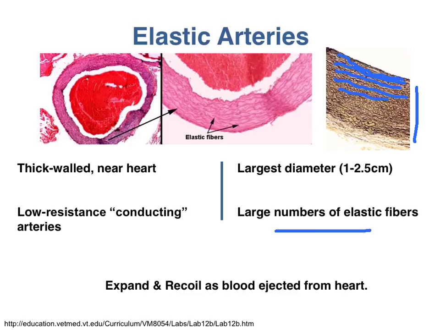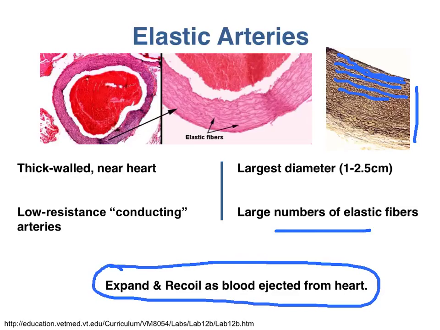If you recall, the neat thing about elastic fibers is that they act like rubber bands. You can stretch elastic fibers out, and when you let up on the pressure, they snap back to their original shape. The elastic fibers in the tunica media of the elastic arteries allow the elastic arteries to expand and recoil as blood is ejected from the ventricles of the heart.